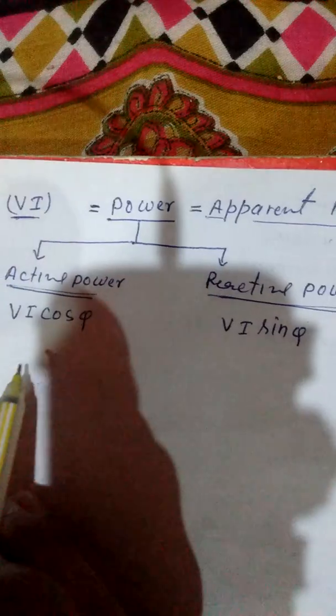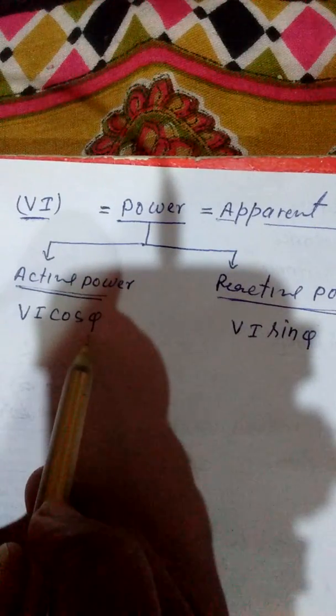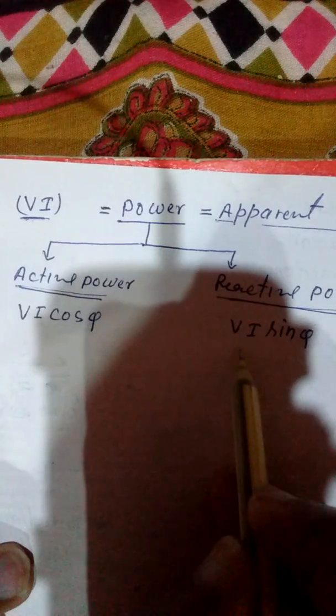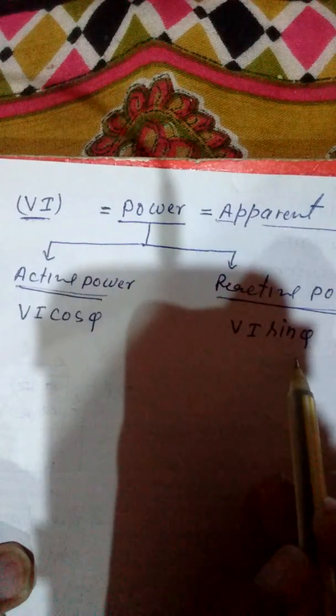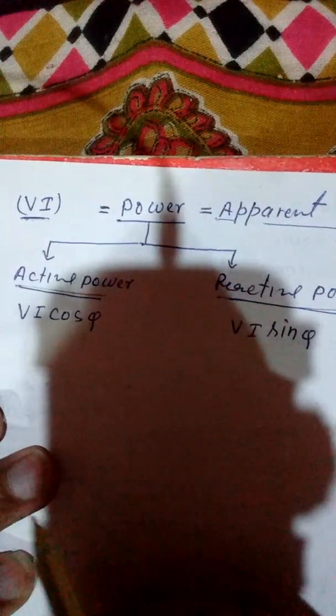Now, active power is defined as V into I into cos phi, and reactive power is defined as V into I into sin phi. Now, what is phi?